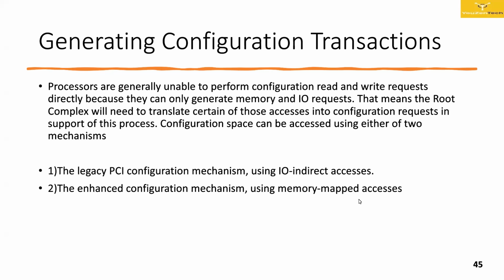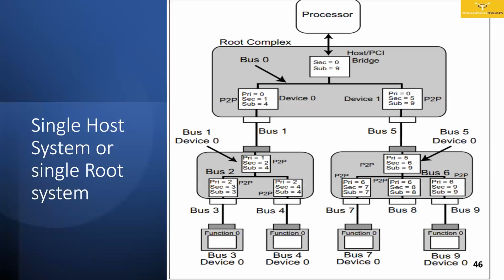I explained just a while ago that we are mapping this configuration space of 4 KB into the system memory. Okay, this is the enumeration.